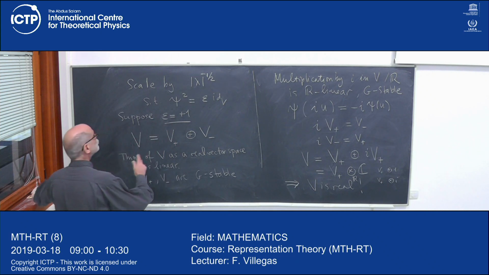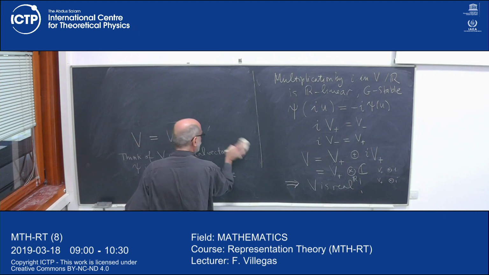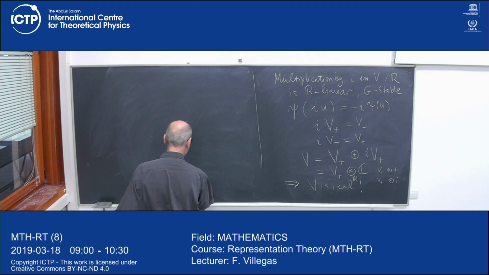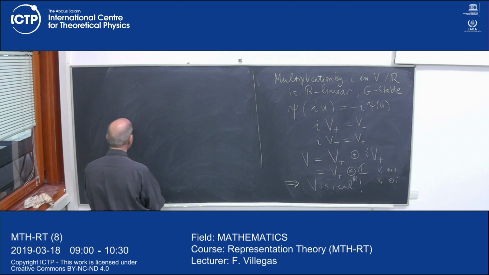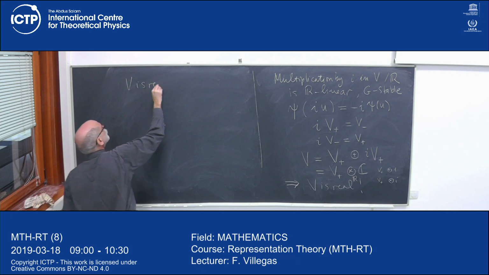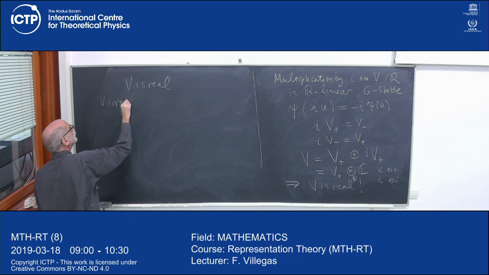So, not writing it down, but I'll write the conclusion. We have finally a criterion to decide whether the representations are real or not. So V is real. So here V is irreducible, and the character values are real.